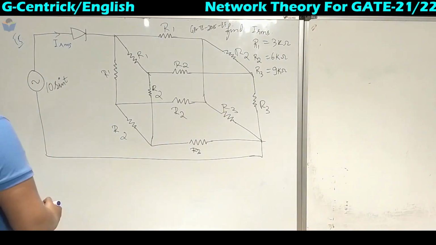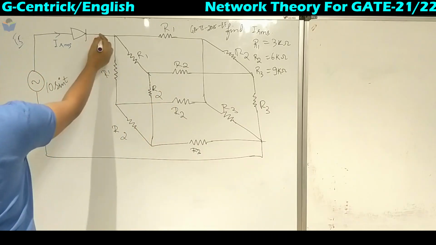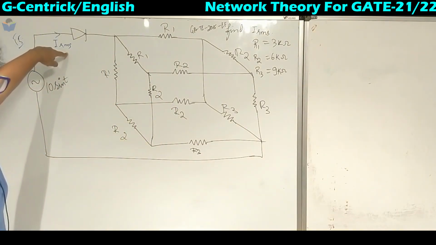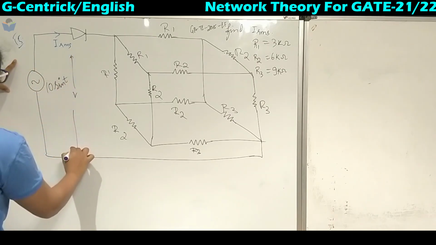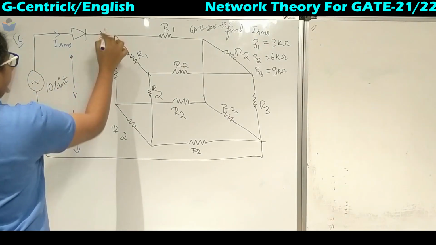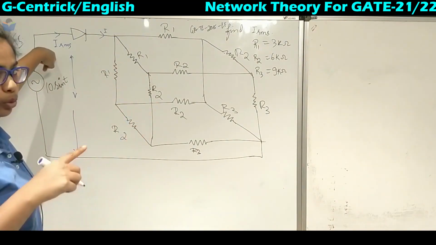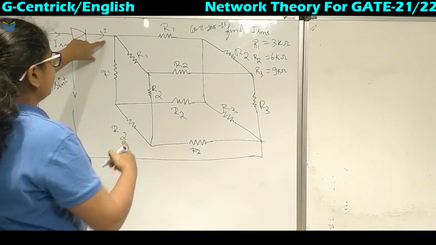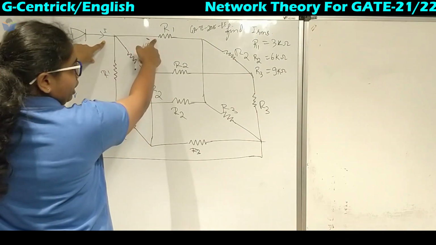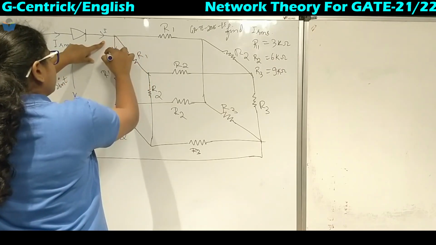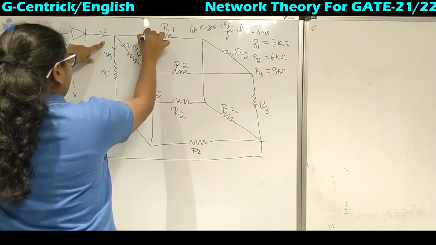So what I can do is, I will take the current as I. We will calculate IRMS later. We will take this as voltage V and the current entering as I. Basically I will be equal to IRMS later when we divide by root 2. This I gets divided into 3 branches, R1, R1 and R1. All 3 resistors are equal, so it gets divided into I by 3.